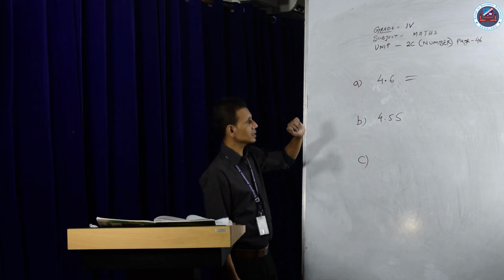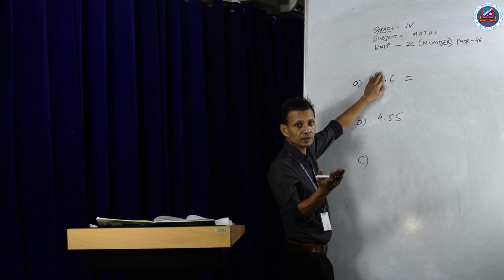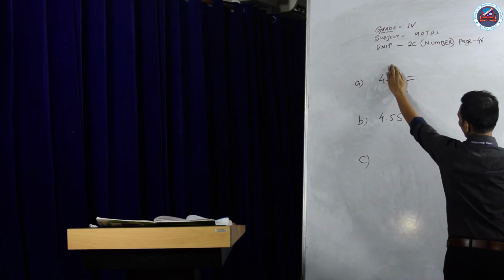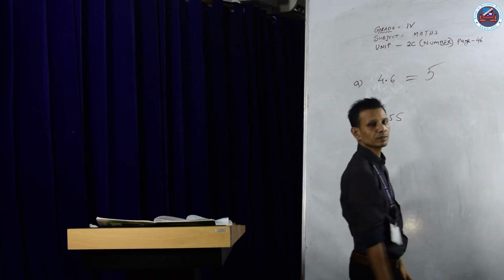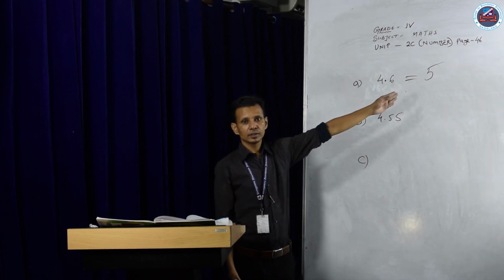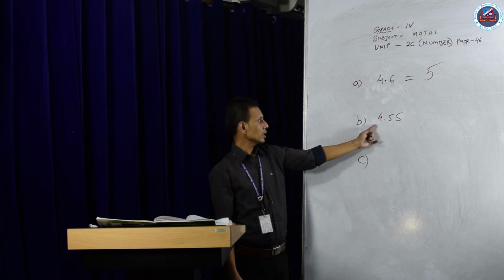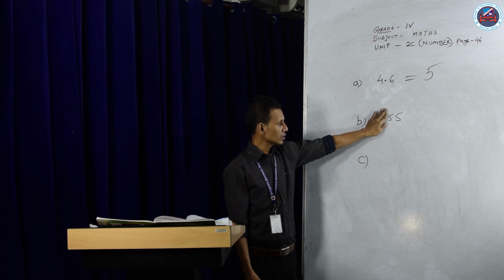So now let us see. After the decimal, it's a 6. More than 5 means add 1. 4 will become 5. It's a whole number now. There is no decimal. You got my idea? Same goes here. 4.55. After the decimal, you just have a look. It's a 5.